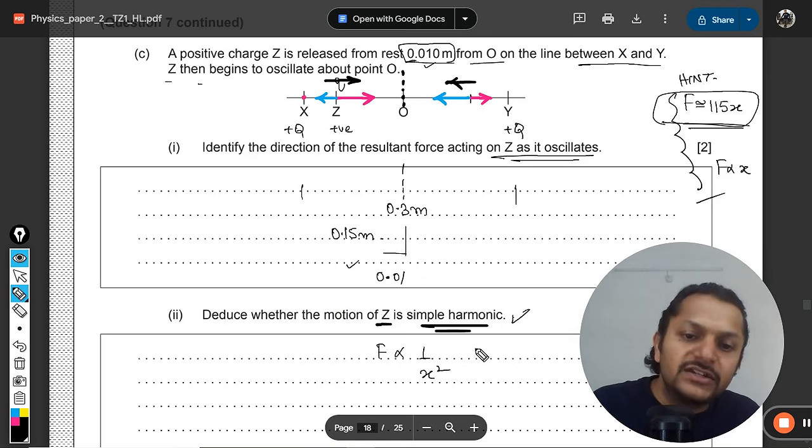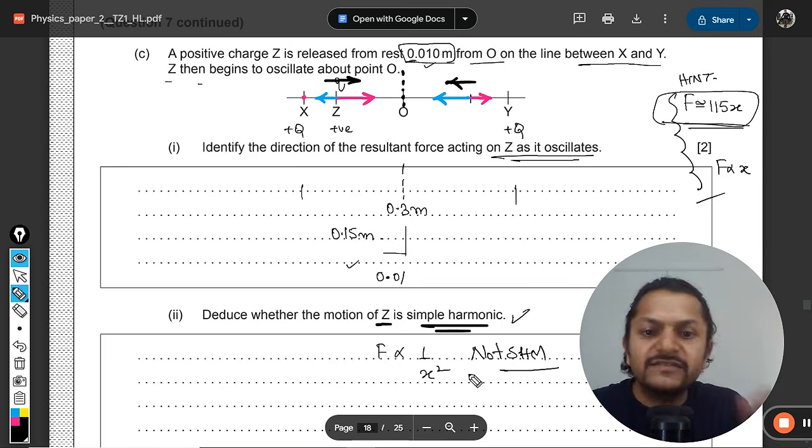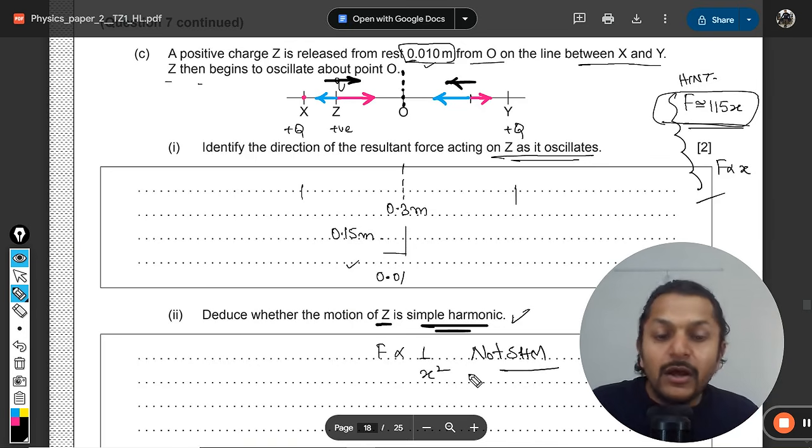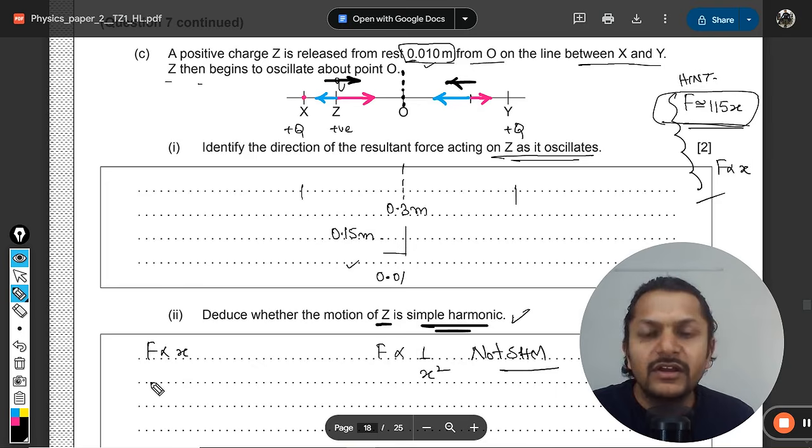This variation is not SHM. For SHM, you got to have this variation.